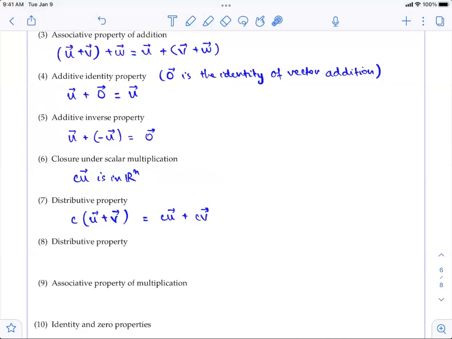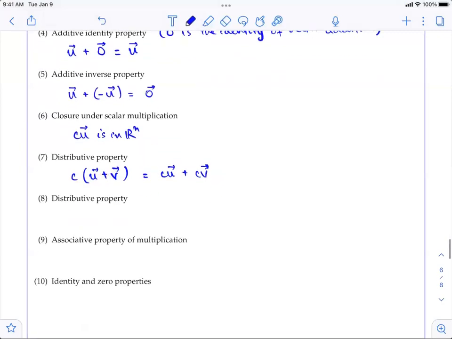The next property is also a distributive property. Now you have two scalars and you apply them on a vector. So you have C plus D, applied on vector u. Then you can scale vector u with C and then scale vector u with D and then add the resulting vectors together.